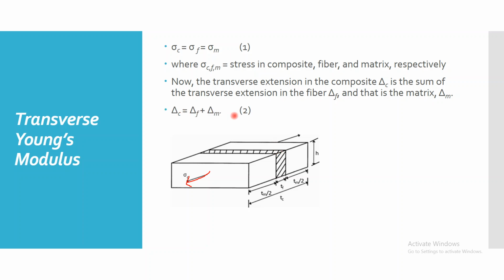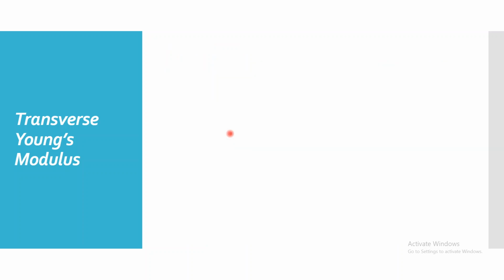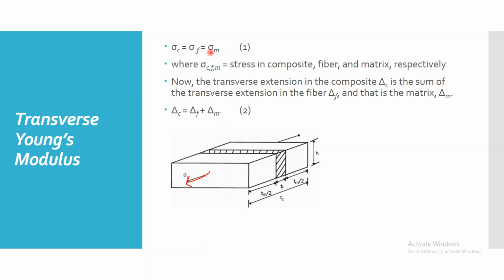Delta C represents the sum of the transverse extension of the fiber and the matrix. Always remember that delta represents deflection in the transverse direction, that is along coordinate 2.